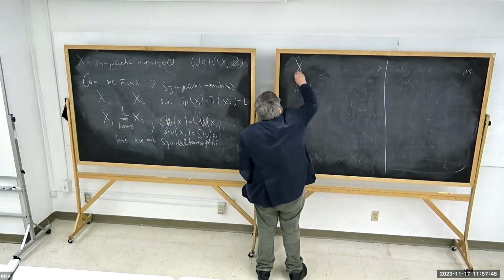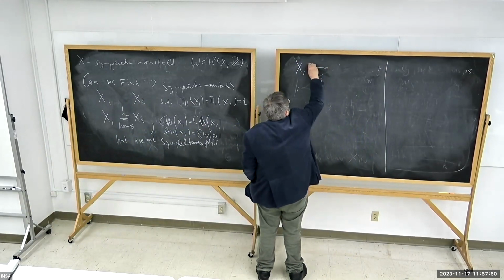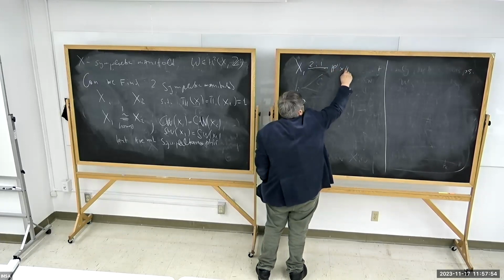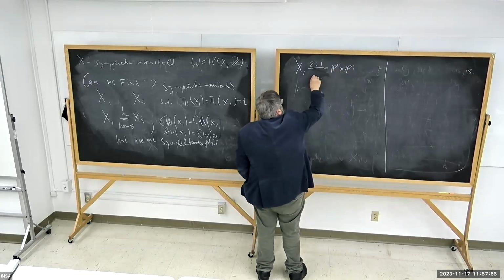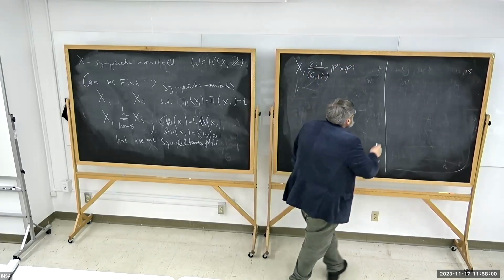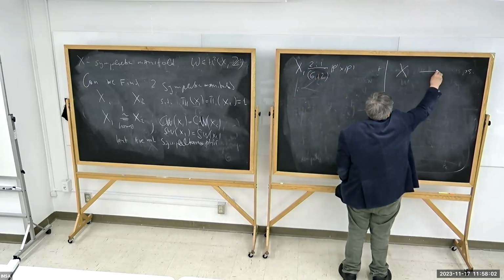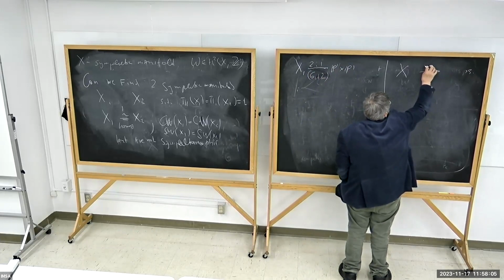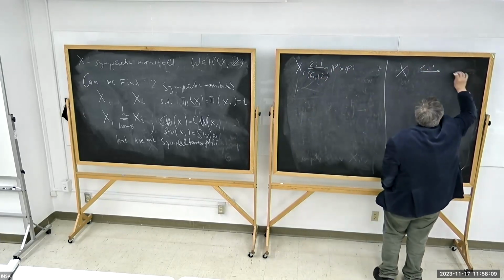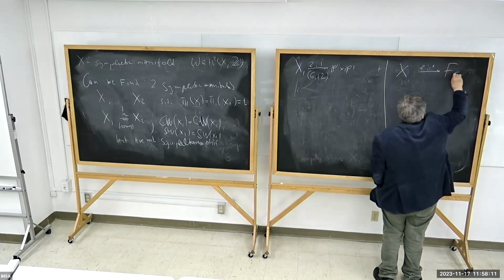So we start with X1 being a two-sheeted covering of Q1 cross Q1, ramified in a 6,12 curve. And then the second is a two-sheeted covering of F6.